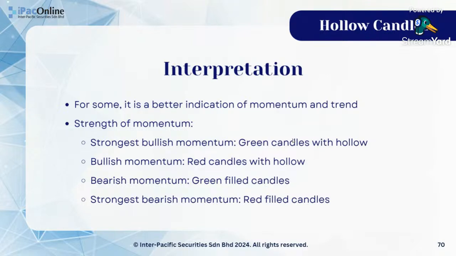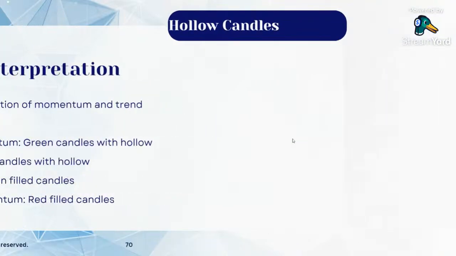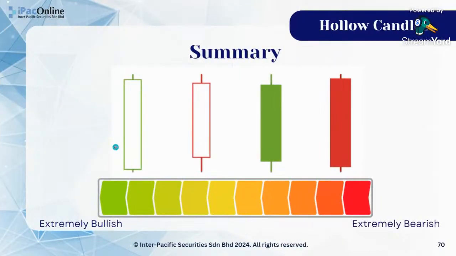And in the end, the very last one will be the red candles with a filled body, which tell us it's the strongest bearish momentum of all, and everyone is selling and pushing the price down. So basically, this is how it looks. For the hollow body, it's always more towards the bullish side, and with the filled body, it's more towards the bearish side.